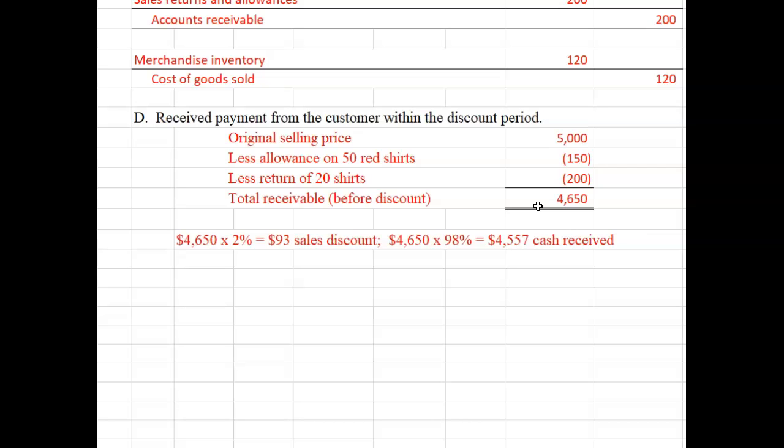Because the customer paid within the discount period, they will get a 2% discount to settle the entire amount that they owe the seller. So $4,650 times 2% is a $93 sales discount from the seller's point of view, and $4,650 times 98% is $4,557, the cash the seller will receive.